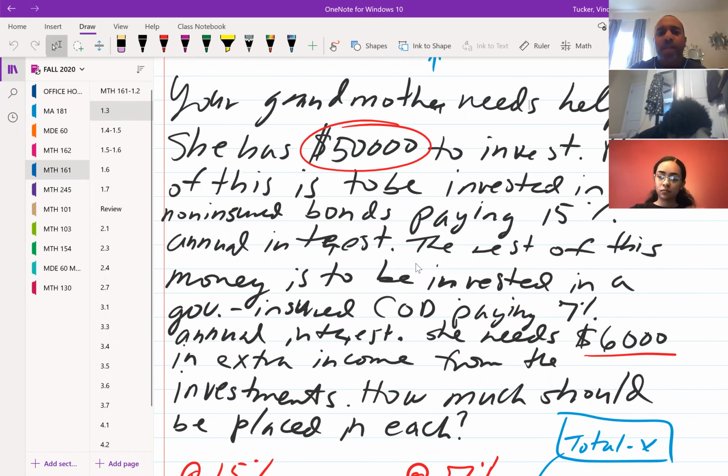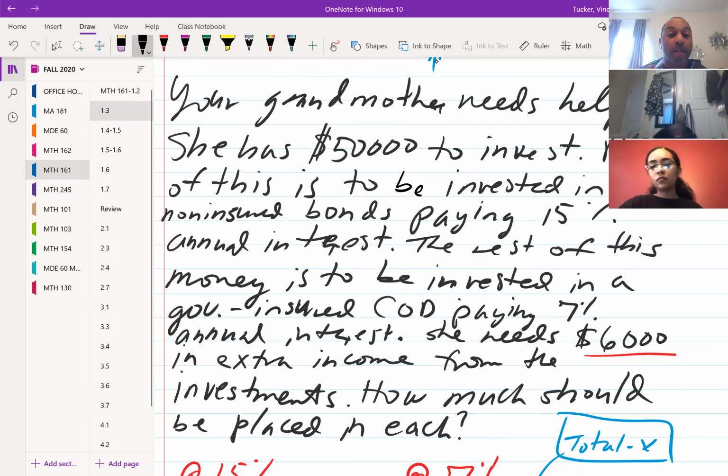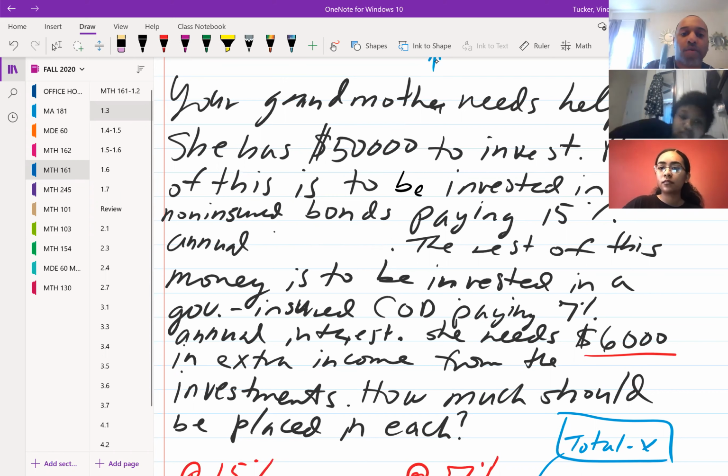So your grandmother needs help. Let me erase this. She has $50,000 to invest. Part of this is to be invested, some of this in non-insured bonds paying 15% annual interest.